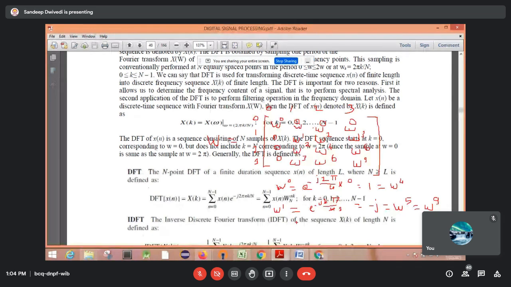Then w raised to power 2 you need to calculate. If you are finding this out, in the same manner you can put the values. And then w raised to power 6 and w raised to power 10 will have the same value, that is cyclic with this.